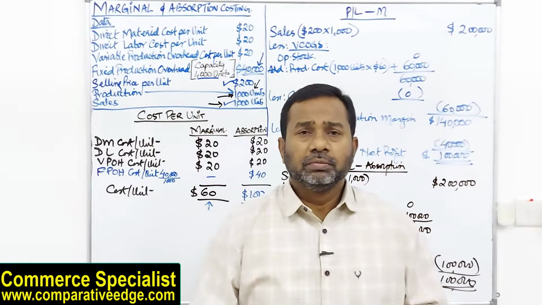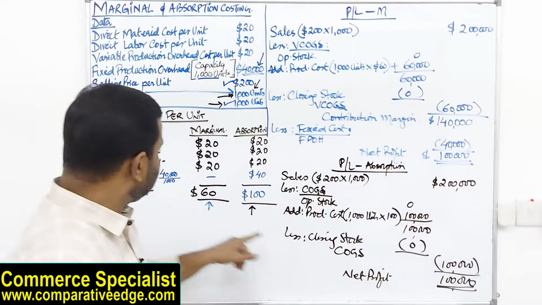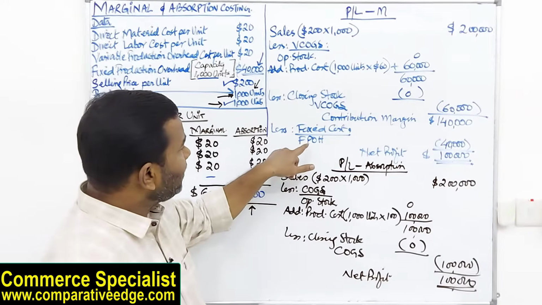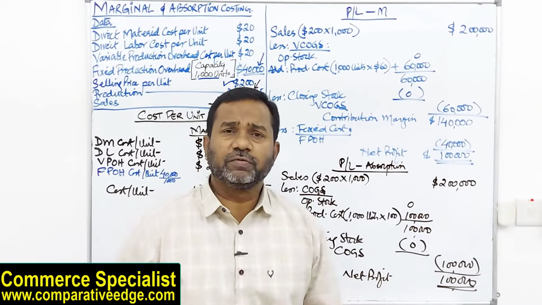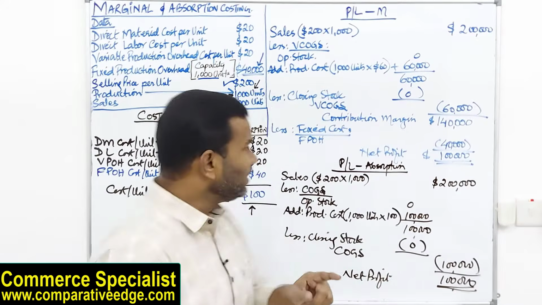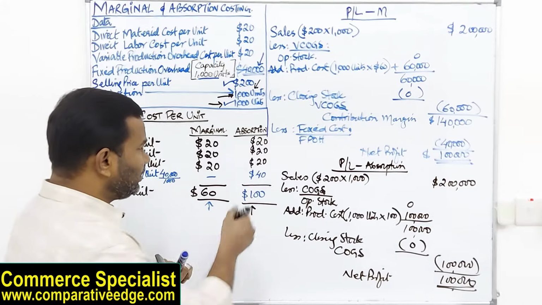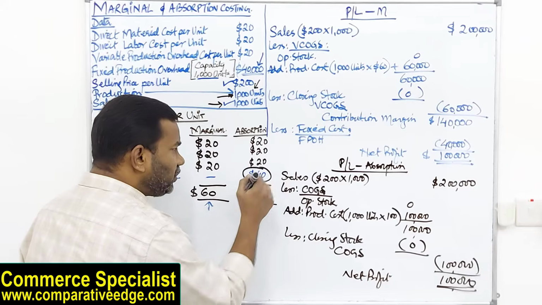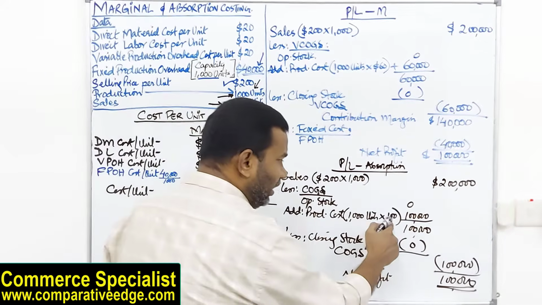Now, sometimes students ask me why I did not subtract fixed production overhead here, like in marginal costing where I subtracted it. The answer is the fixed production overhead is already included here in the cost per unit. Because fixed production overhead is included in the cost per unit, that's why it is 100.